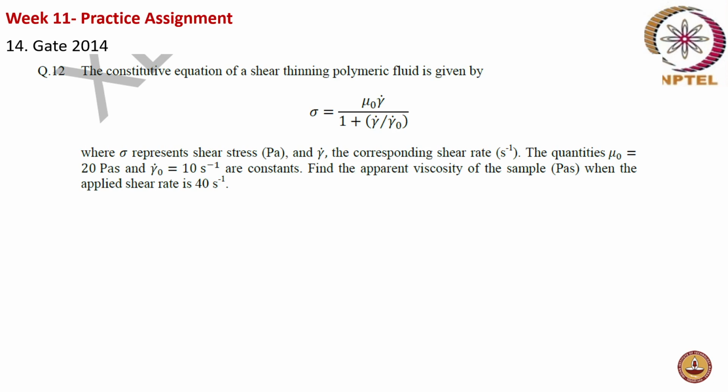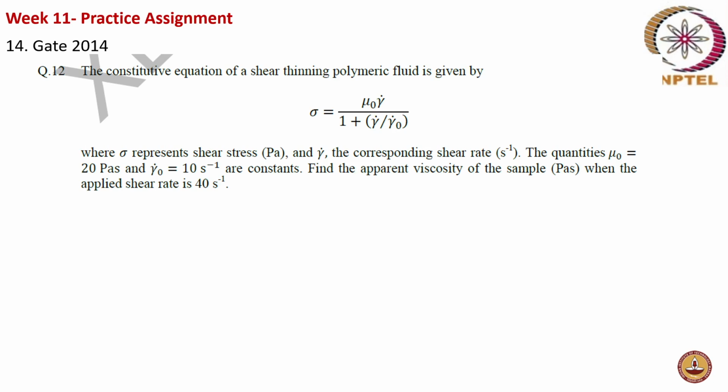The quantities mu naught equal to 20 Pascal seconds and gamma dot naught equal to 10 second inverse are constants. Find the apparent viscosity of the polymer sample in Pascal seconds when the applied shear rate is 40 second inverse.